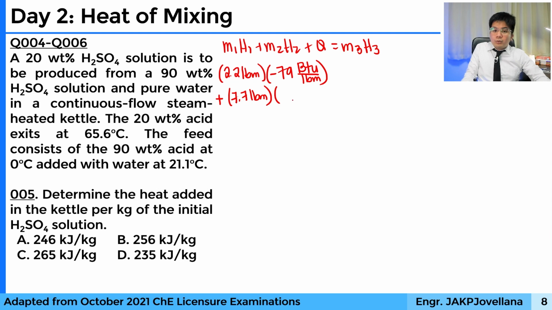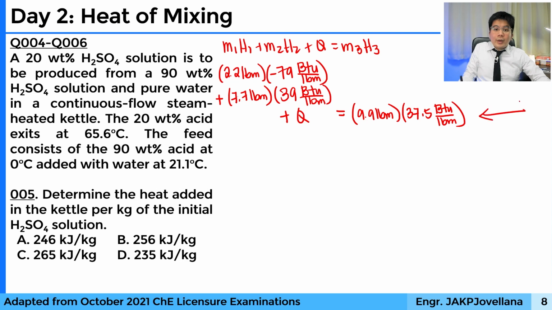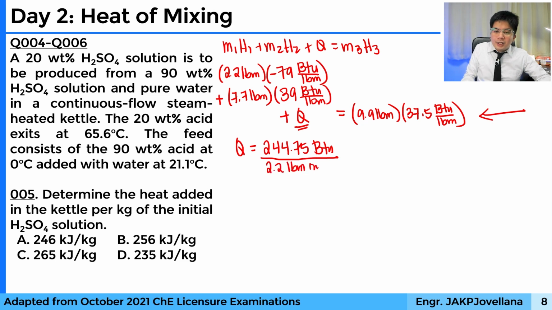H2, enthalpy of water, is 39 BTU per pound mass. And our currently unknown Q. This is equal to M3H3, where M3 is 9.9 pound mass and H3 is 37.5 BTU per pound mass. So this is one equation, one unknown, and we can solve for Q. So solving, Q is approximately 244.75 BTU.